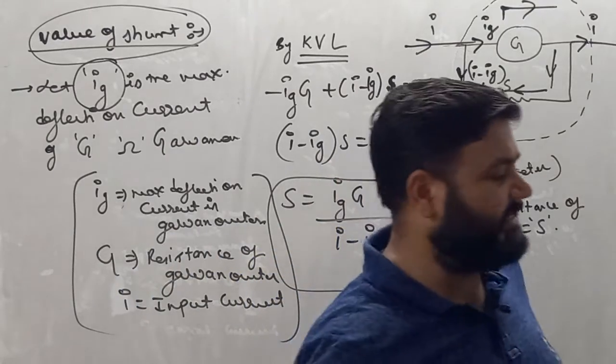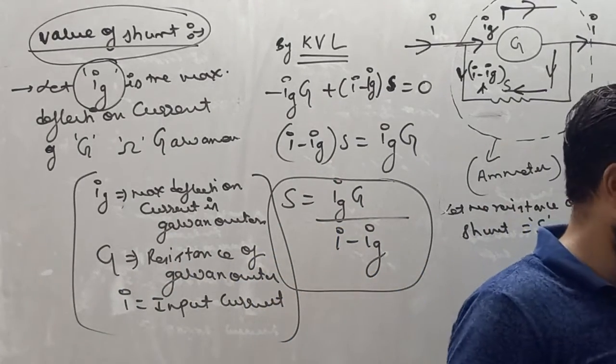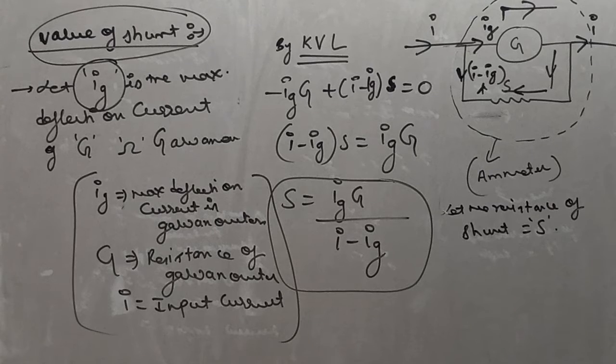Remember, an ammeter is made up of a galvanometer. When we connect a small value resistor called shunt in parallel with a galvanometer, the device which forms is called an ammeter. And remember, an ammeter is an electric measuring device. A good ammeter is one whose resistance is less.